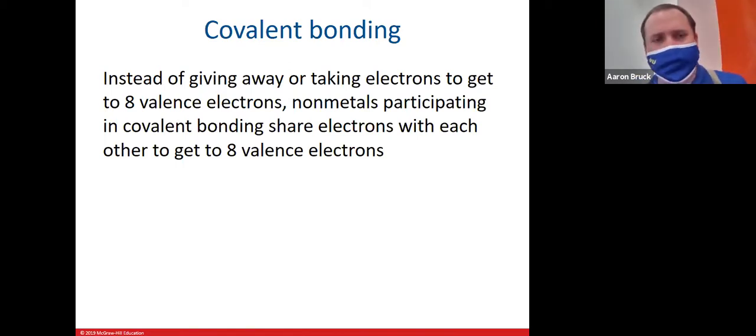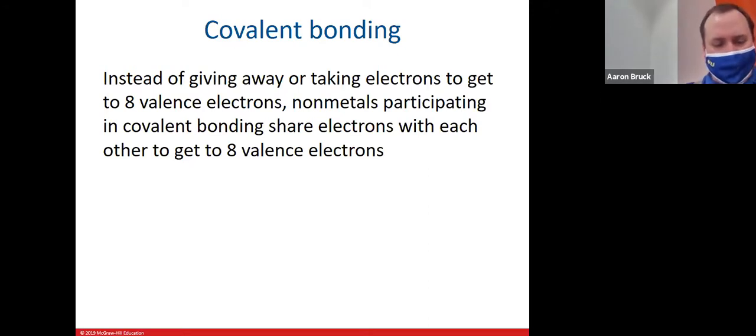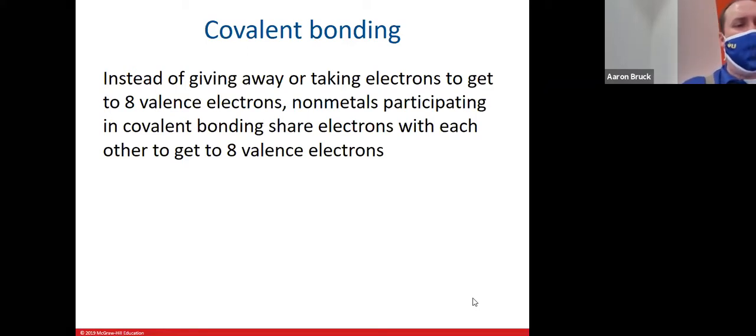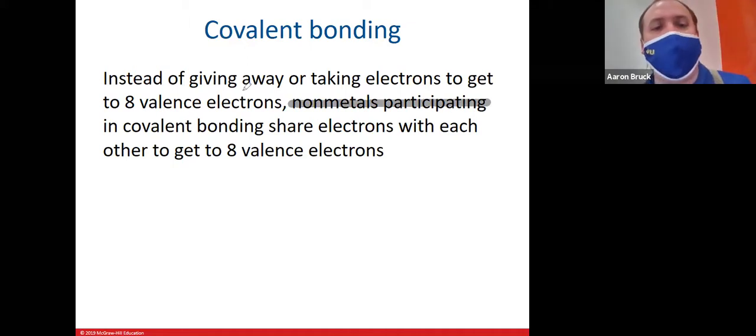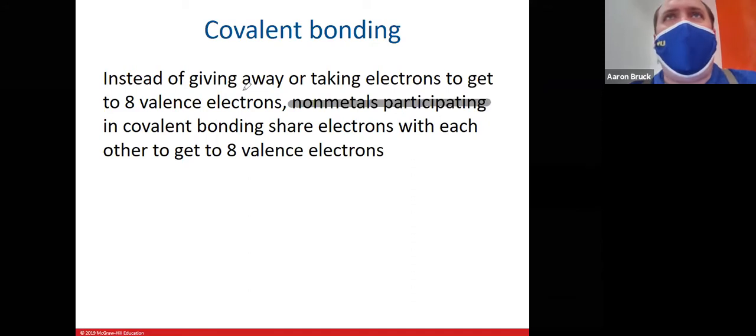And so where we see covalent bonding most often is in elements that have lots of valence electrons, and that would be nonmetals in particular. Nonmetals have anywhere between 4 and 8 valence electrons. Obviously, the ones with 8 valence electrons aren't going to do any bonding because they already have the 8 they're looking for.